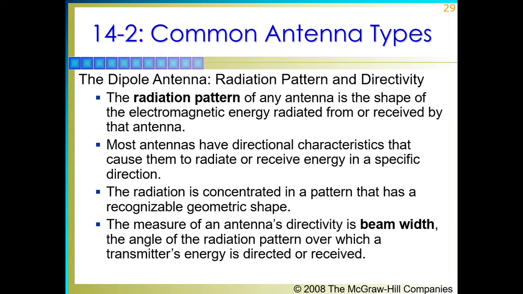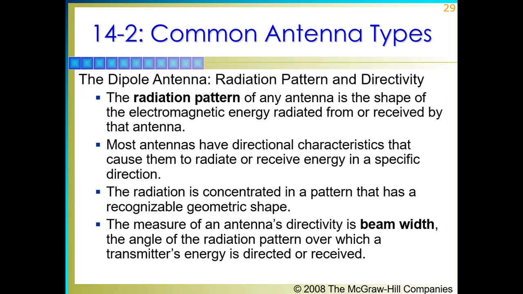The radiation pattern of any antenna is the shape of the electromagnetic energy radiated from or received by the antenna. A bare dipole is not considered a directional antenna. However, like all antennas, its radiation is not uniform in all directions.